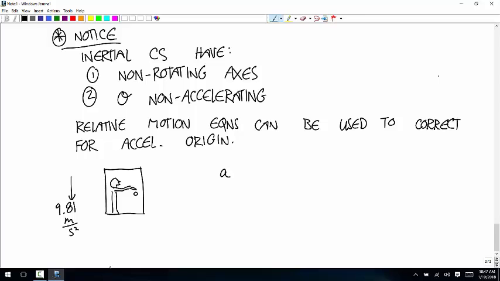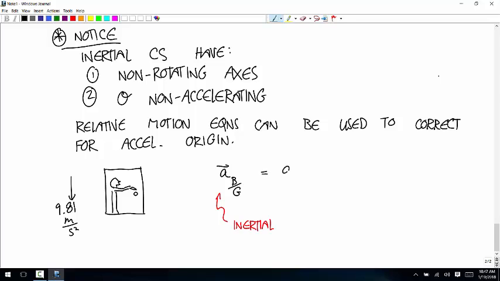Okay, well, anyways, so to calculate the acceleration of the ball relative to the ground, which is inertial, you could use this value in Newton's second law.